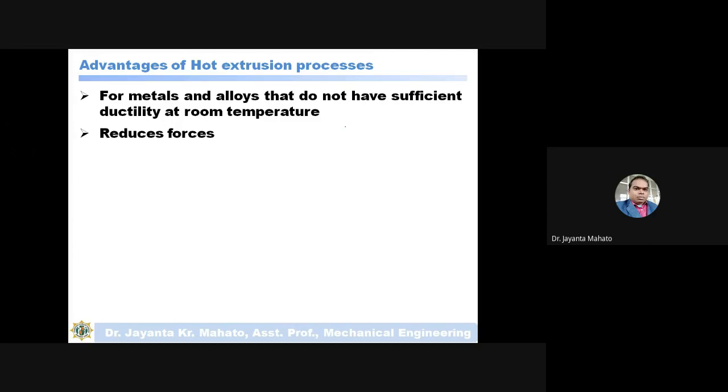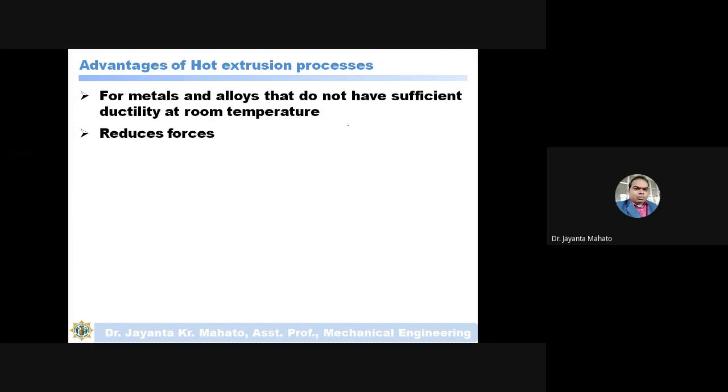Okay, because in this case the flowability is more, and at high temperature, as I have told you several times in the previous lectures, the movement of dislocations gets easier. Not only movement: an edge dislocation can climb, or a screw dislocation can cross slip from one plane to another plane.